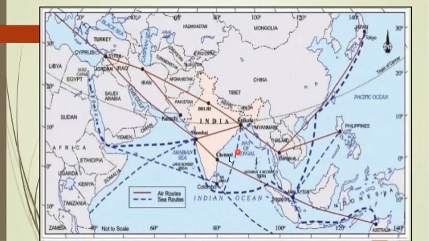So from here, we connect to all these people. You can see all these routes. No other country has a coastline on the Indian Ocean as India has. And indeed, it is India's eminent position in the Indian Ocean. No other country has so much coastline in the Indian Ocean.